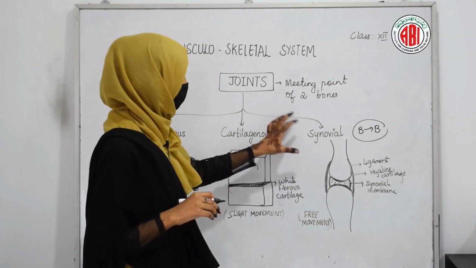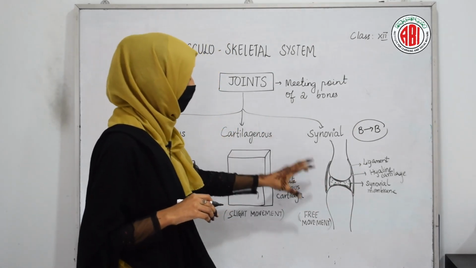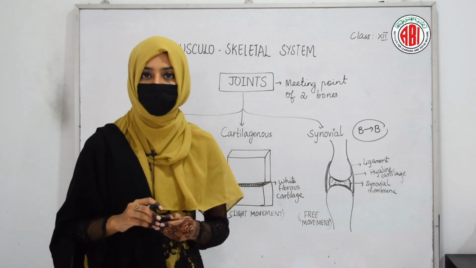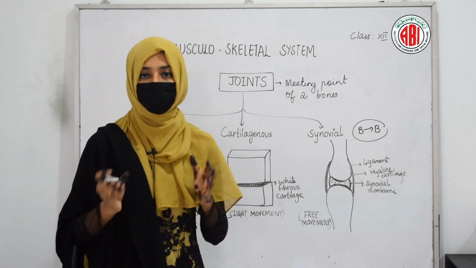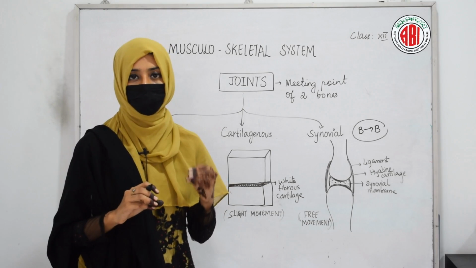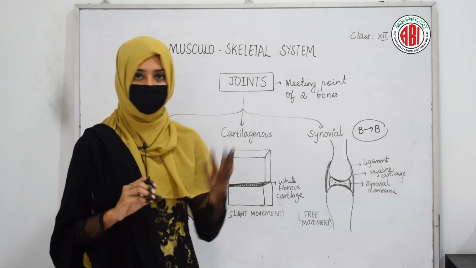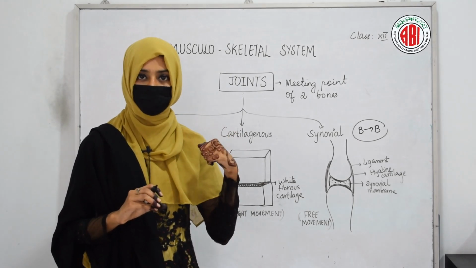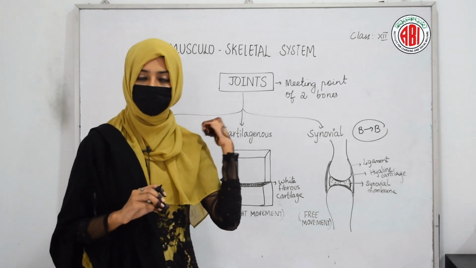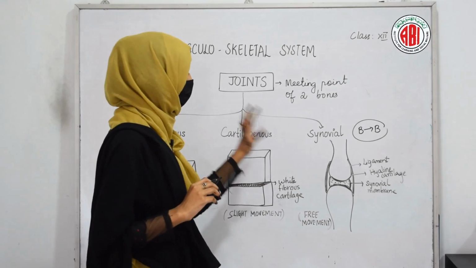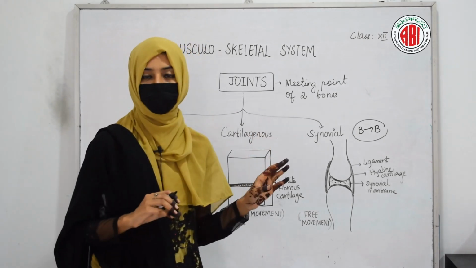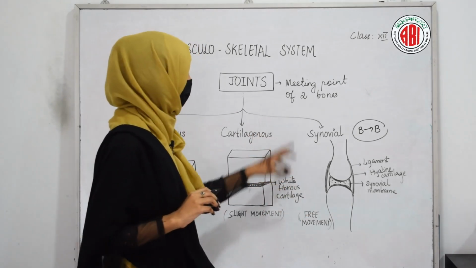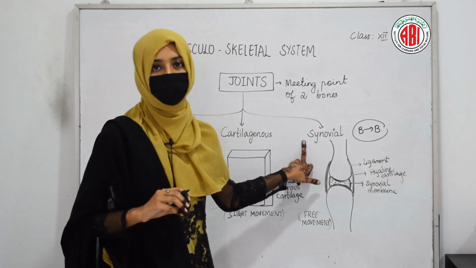Whenever we talk about the synovial joint, this type of joint is found in between the bones that can be moved freely. We can move our fingers freely, we can move our hand in this way, we can move our elbow like this, free movement. So all the free movement of the different joints is possible when it is made up of synovial joint.